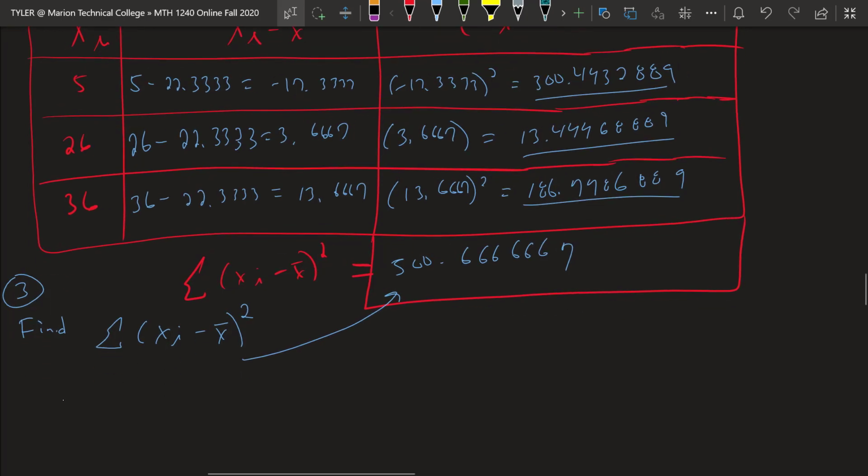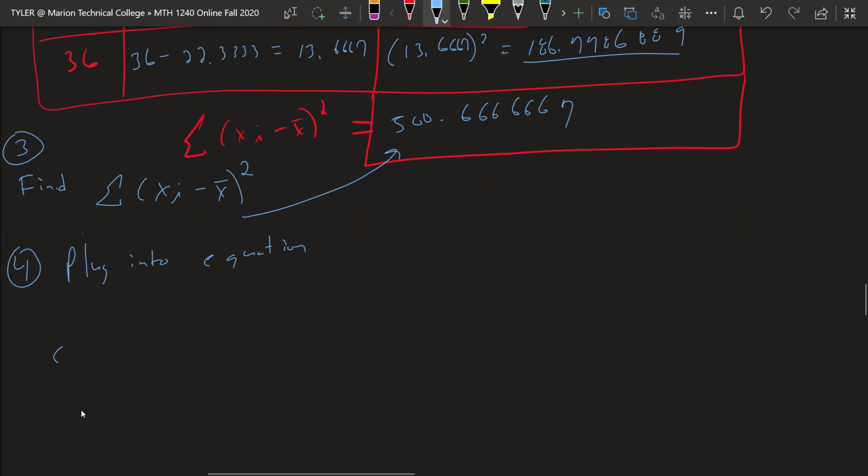So then now the very last thing is just to plug into your equation. Right? So my equation is s equals the square root of sigma x sub i minus x bar quantity squared divided by n minus 1.